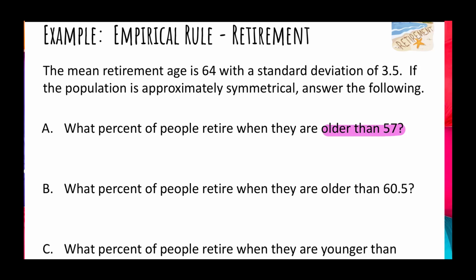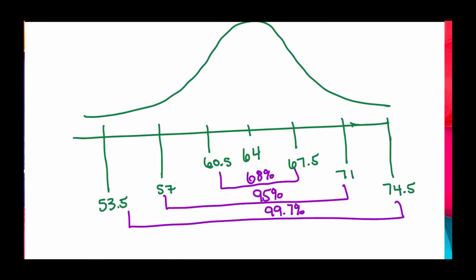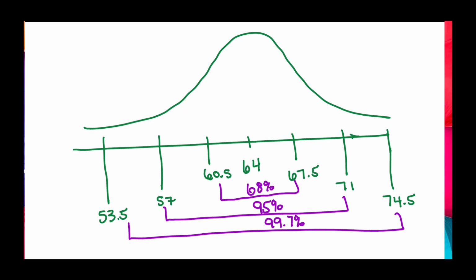And so if you'll recall, we know that between 57 and 71 is 95%, but that's between those two numbers. We want to know 57 and older, 57 and above, and it doesn't stop at 71. So whatever we're looking for here is greater than 95%, so we need to figure out another way to go about this.